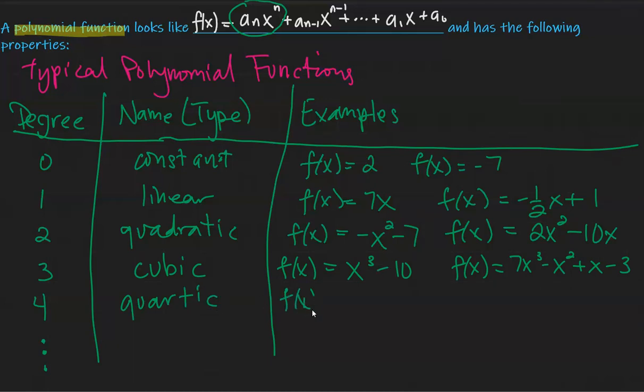So f of x is equal to x to the 4th minus 7. I came with the 7s. I don't know why the 7 is the first number that pops up. 10x squared minus 11x plus 50. I did not almost just write 7, I promise. And then maybe one more example. I could just have 10x to the 4th minus 15x plus 2. I don't know why I said cubed when this is a 4th degree. That should be 4.